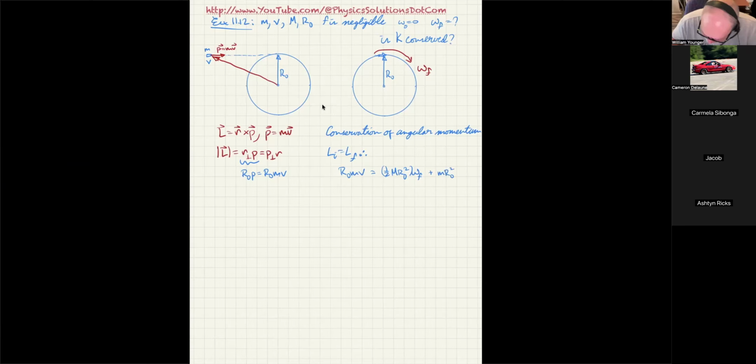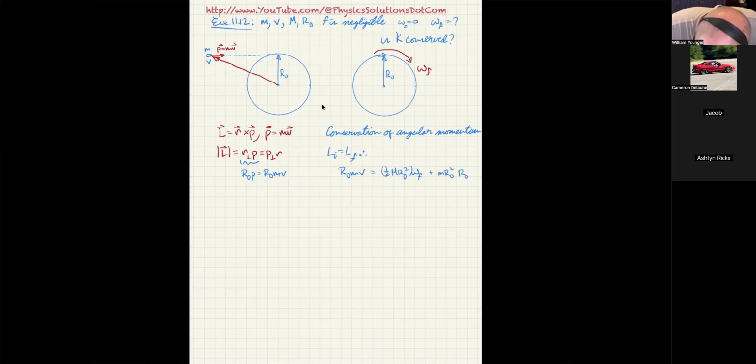The moment of inertia for that would be m r squared, and its velocity will be whatever the new velocity is, which is related to omega f by v equals r times omega f. So v is just equal to r0 omega f.